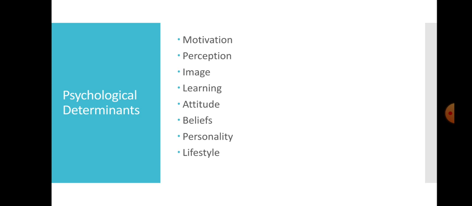The next variable in this category is beliefs. A person may have certain types of beliefs and attitudes in his mind which may be based on his earlier experiences and learning. So belief is actually a descriptive thought that a person has about a particular product. Such thoughts may be based on his opinions or faith or certain information from his environment.